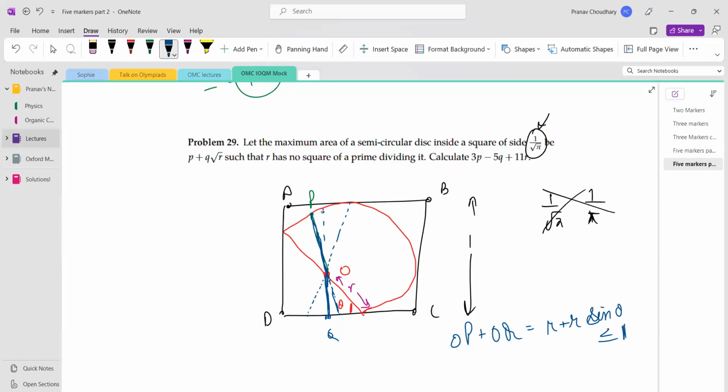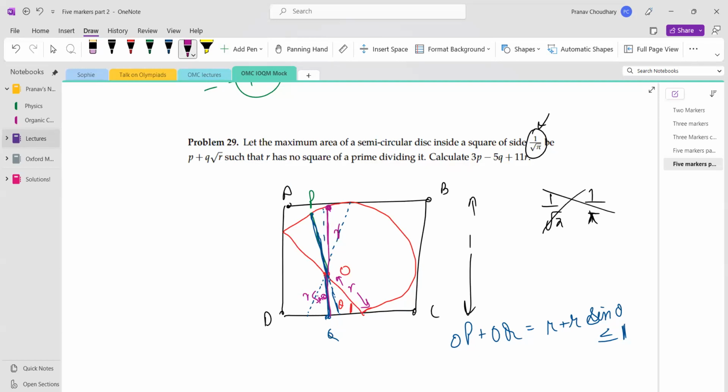So see, if you construct that, this length R sine theta is fixed, and if you take R distance above this, then this point will obviously lie on the disk, right?